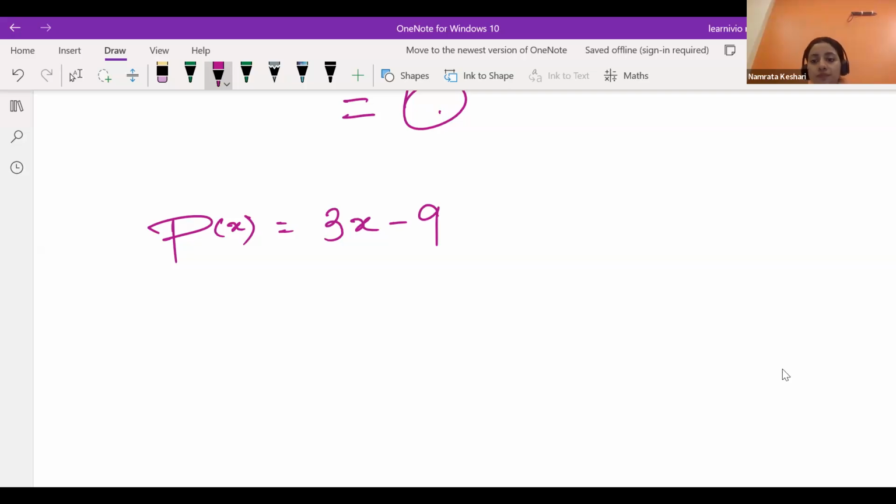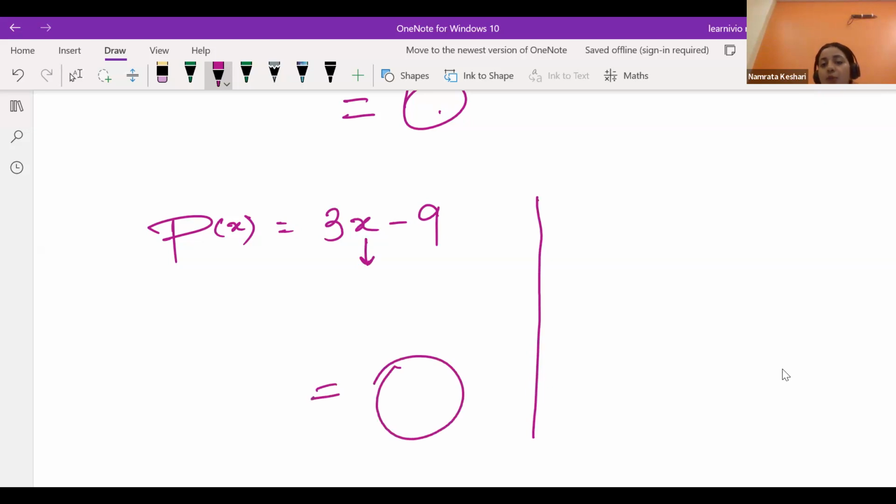So wait, should we make 3x also 0? No. Okay, zero of the polynomial means what is that particular x value which will make the final answer zero. And the process, every time we will not be thinking. Can you hear me, Naisha?